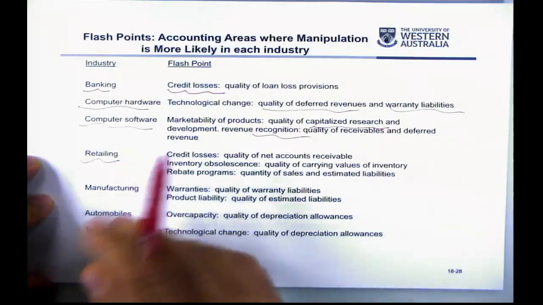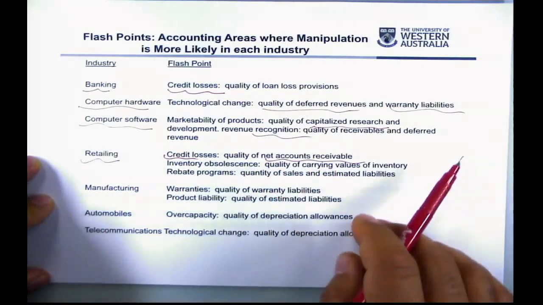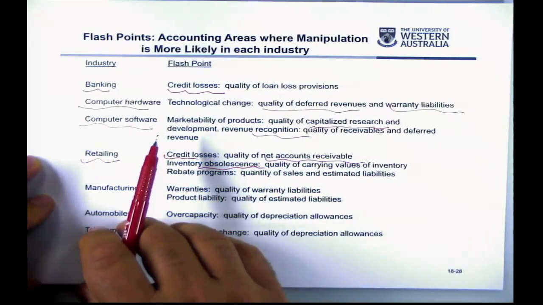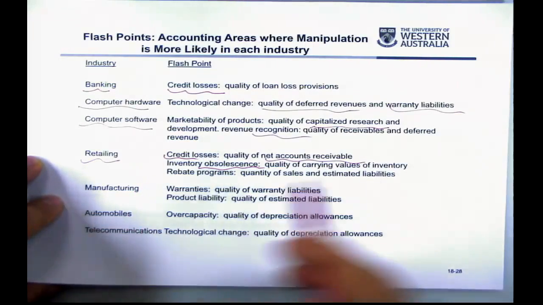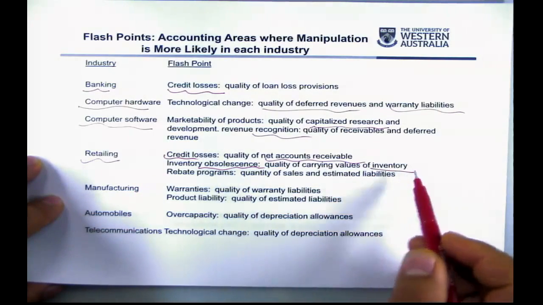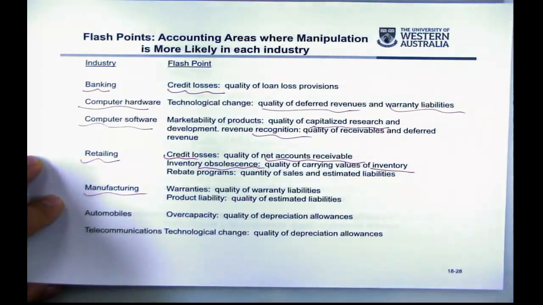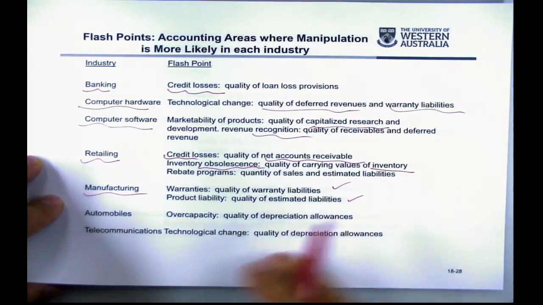In retailing, pay attention to the quality of net accounts receivable and also inventory, whether it is obsolete or not, and the quality of the carrying value of inventory. In the manufacturing industry, pay attention to warranty liabilities and the quality of estimated liabilities.